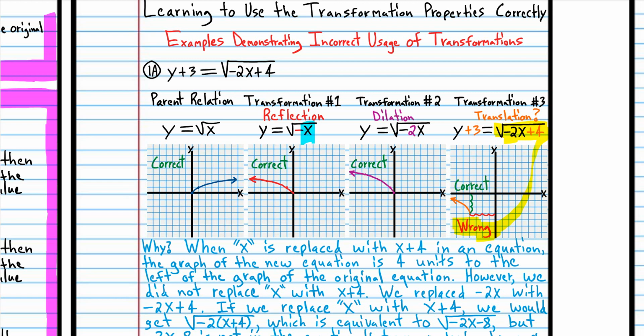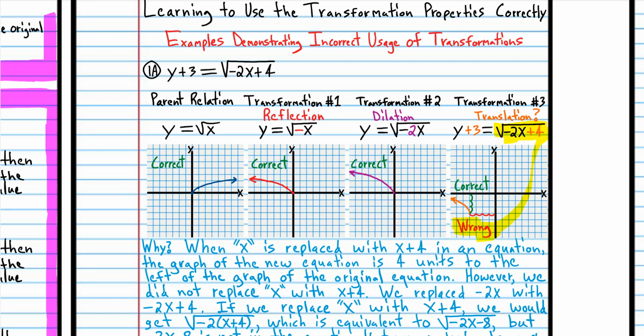Then we're going to replace x with 2x, obviously because there's a 2x up here in our complicated equation. And by the way, that divides all the x values by 2. So you're going to take all the x values on this red graph here, divide them by 2, and you get this graph.